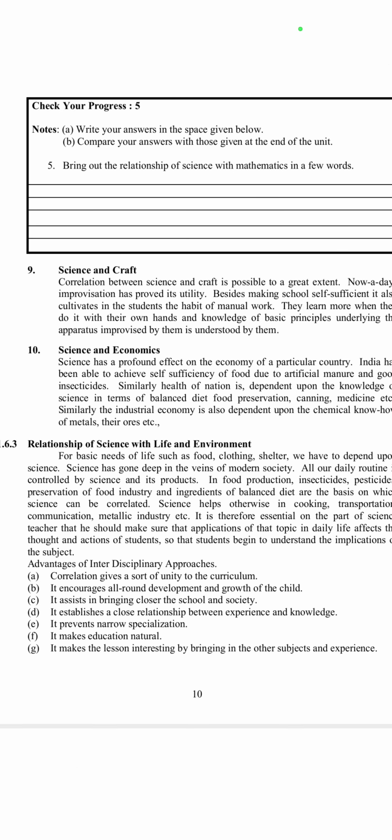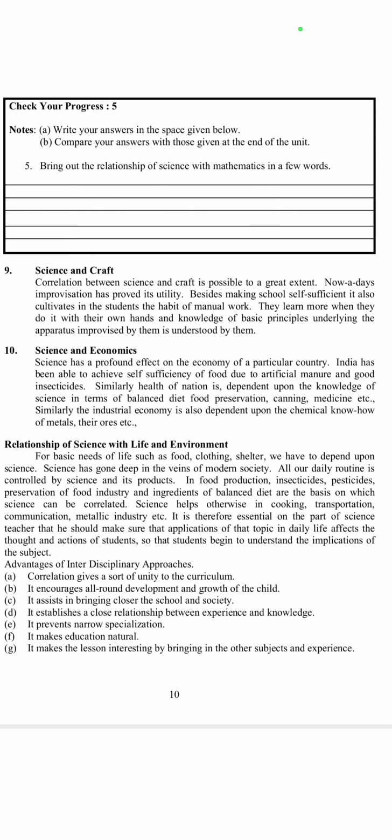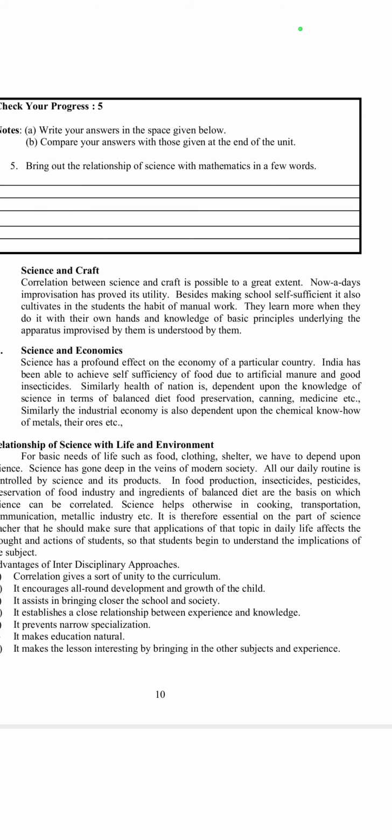Okay, next to that we have science and craft. Of course, this one, as I was saying, science always needs application. So craft, of course, has a relationship with science, because science and craft are possible to a great extent. If there is content, there is also an application, and an application is also called the craft, what you see. So that's why they are somehow correlated or connected to each other.